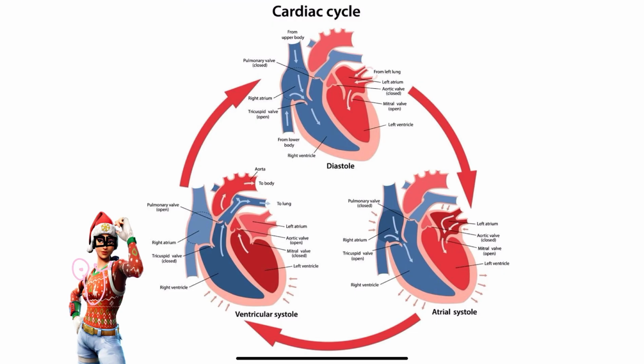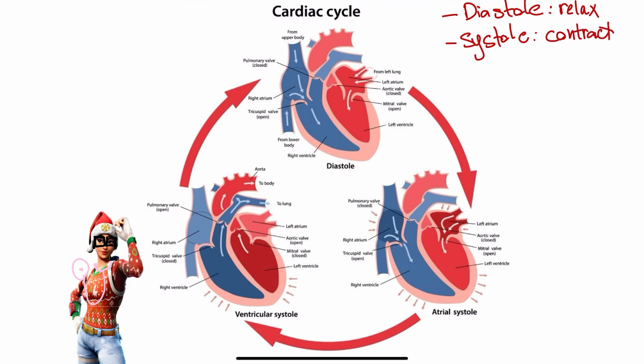So two words that we need to know. Number one is diastole, and systole. Diastole is relaxation of the heart wall, and systole is contraction of the heart wall.